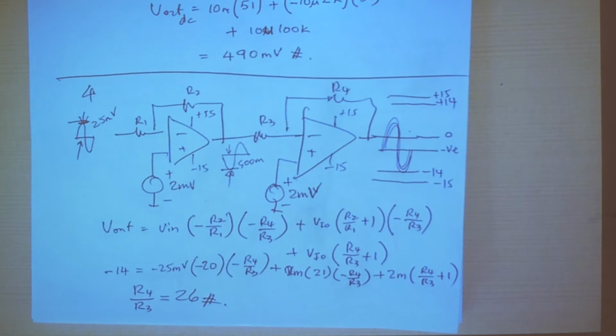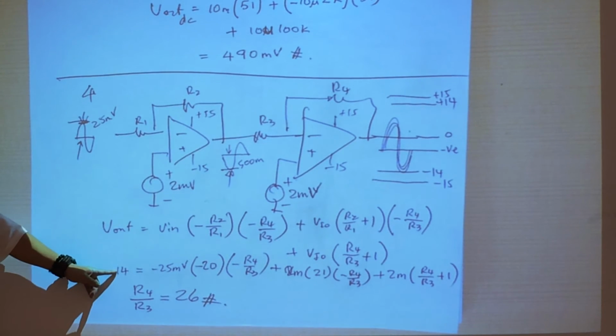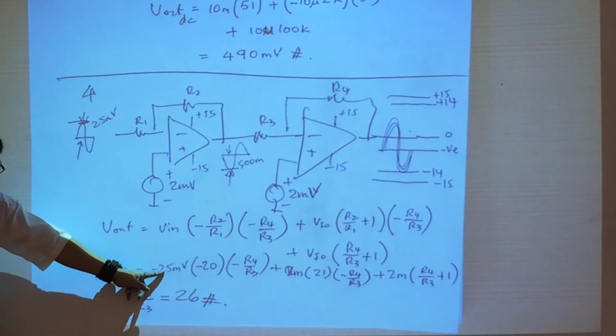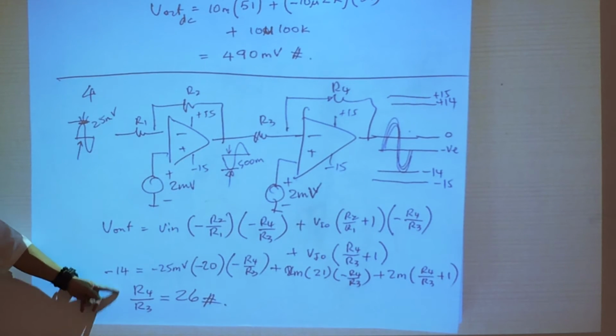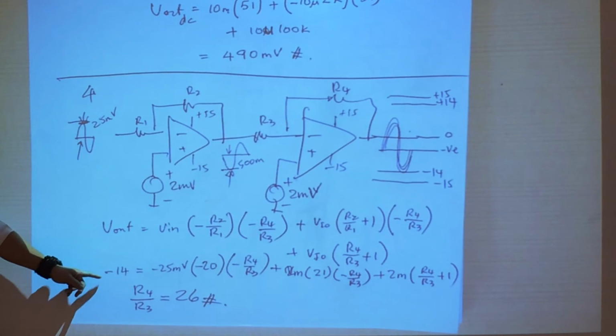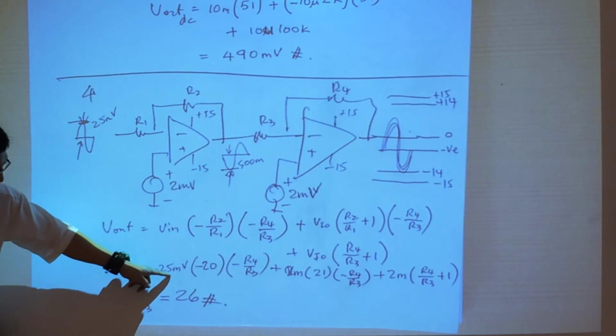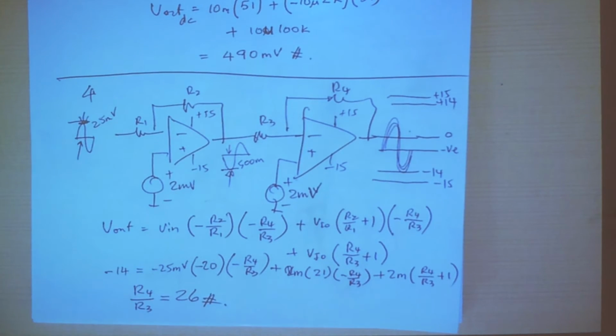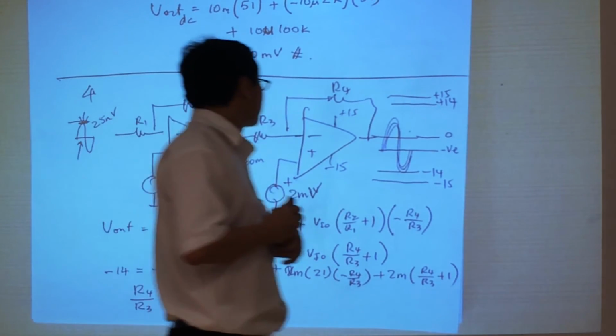So I give you another solution. No, sorry, I give you another wrong answer. I make this plus 14, I make this plus 25, and the ratio will become equal to 30. So if you choose this to be plus 14 and this to be plus 25, the gain will be 30.